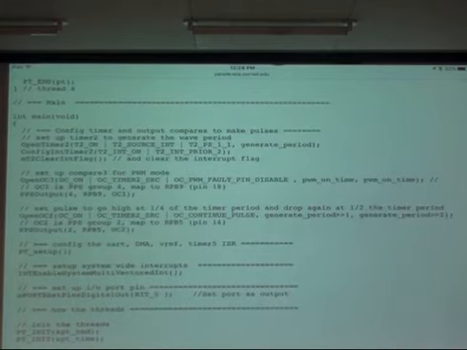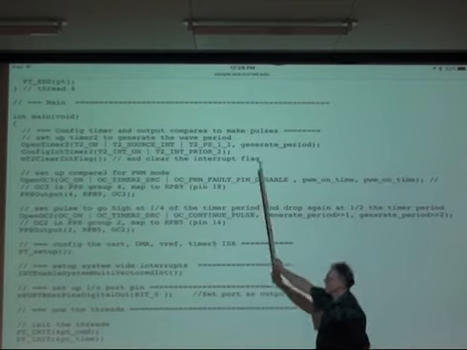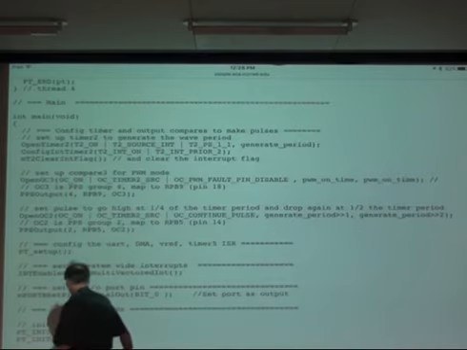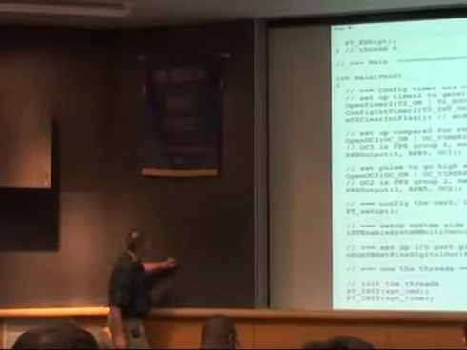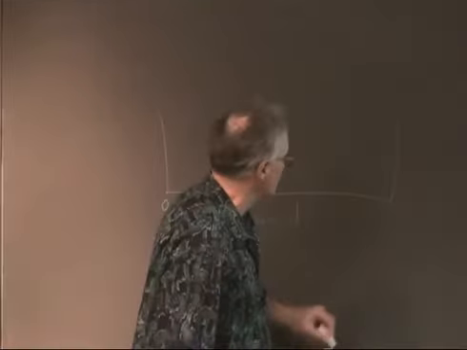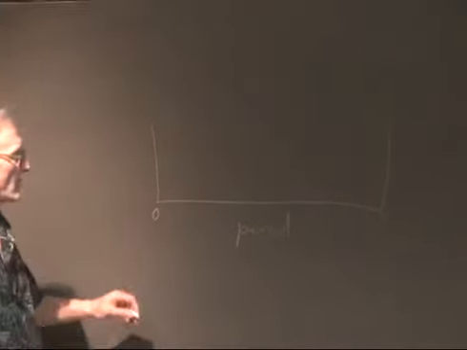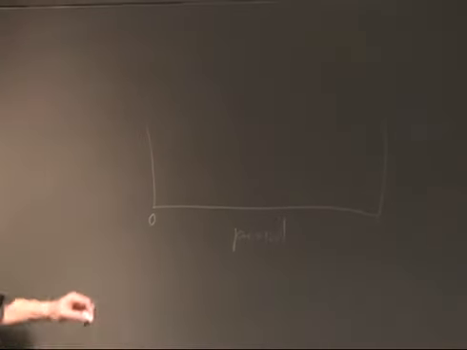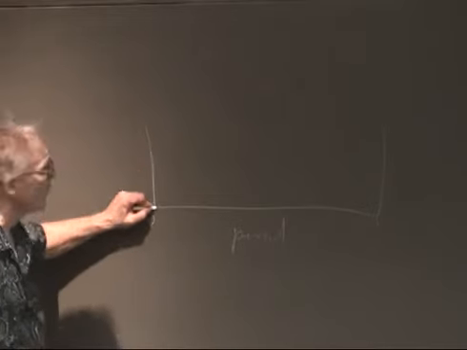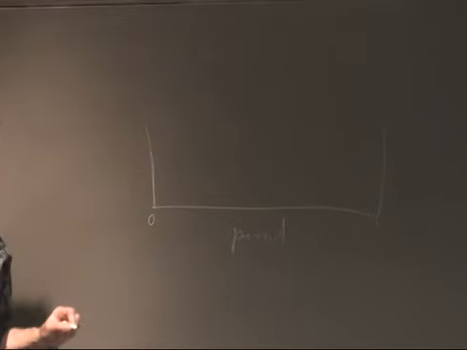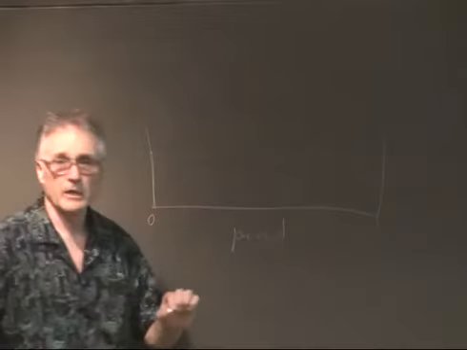If you set the system up in OC PWM fault pin disabled mode, then if this is the timer period from timer reset to 0 to the period time, then a PWM value of 0 will be either one count or no counts, I can't quite remember, but it'll be a very narrow pulse, and a PWM of 100% will be effectively on all the time.